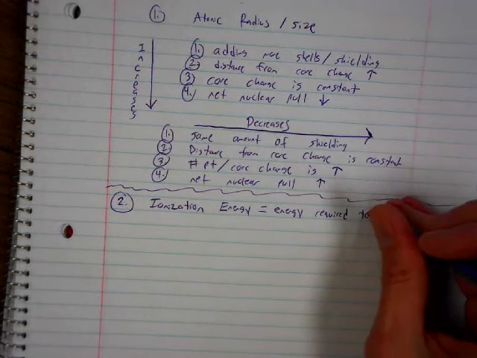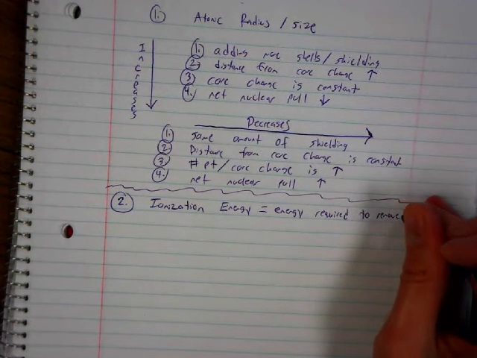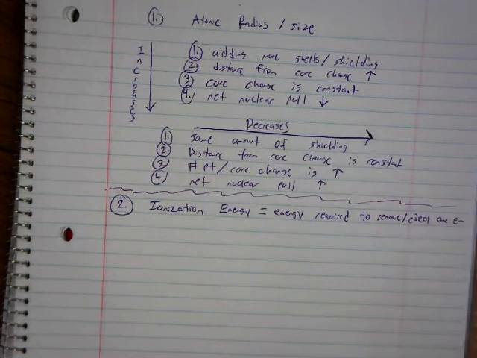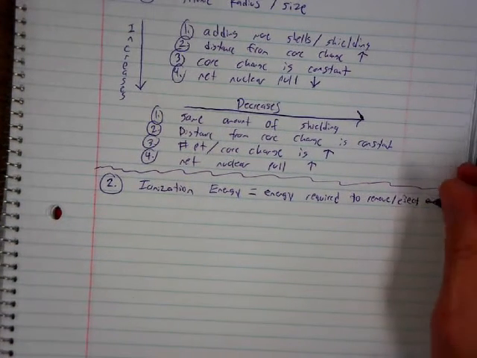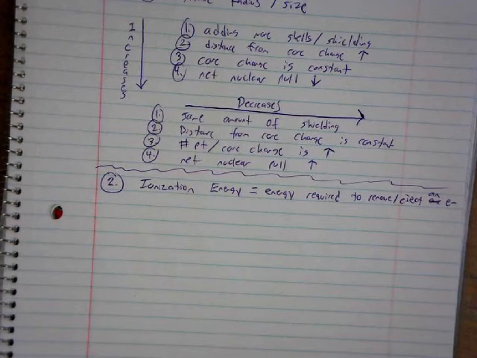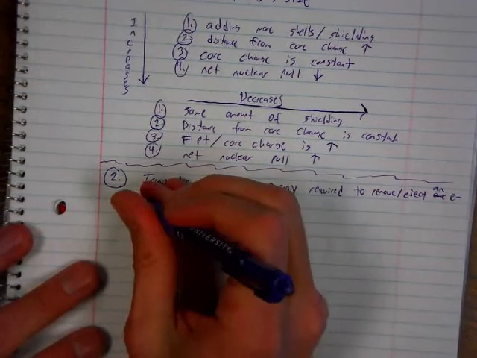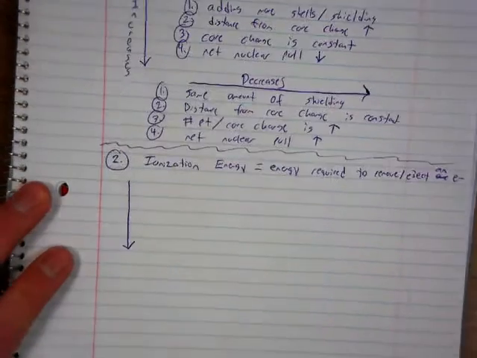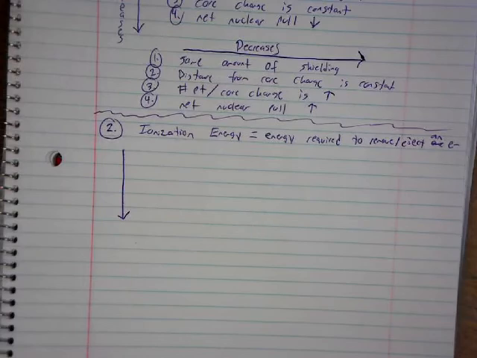Ionization energy is the energy required to remove, we'll say eject, an electron. That says an, not one. So the energy required to remove or eject an electron. So let's think about this. As I'm moving down a group, what's going to happen to my ionization energy?